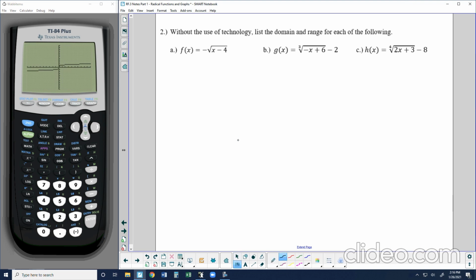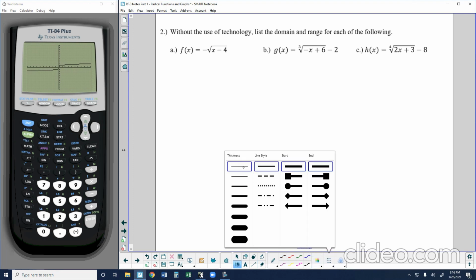If you think about a square root, we know that when graphing, we're dealing with the Cartesian plane, or real numbers. So we know that with a square root, you cannot have a negative inside of the root, or else you're dealing with imaginary numbers.